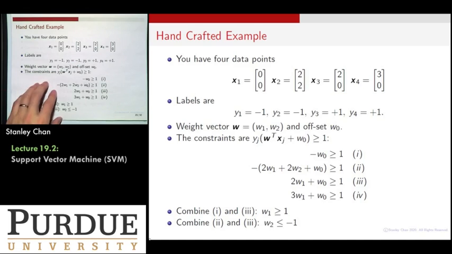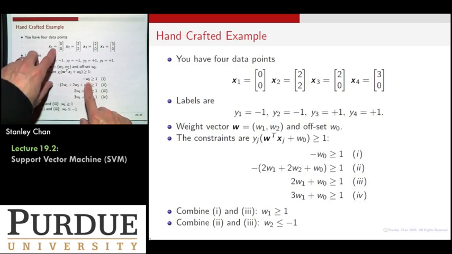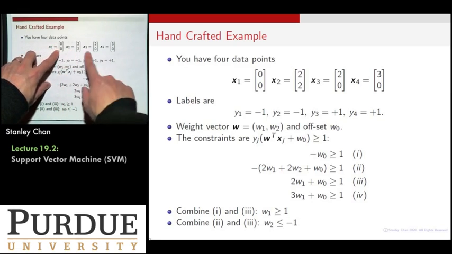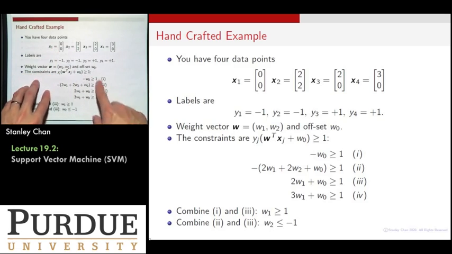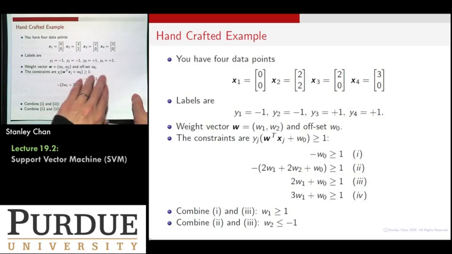And then you can write down the constraints. Let's say you have the vector W with W1 and W2, and also the offset W0. You can write down the constraints as follows, because you can just put x1, 2, 3, 4 into the equation and get all these numbers. So this is the set of constraints.